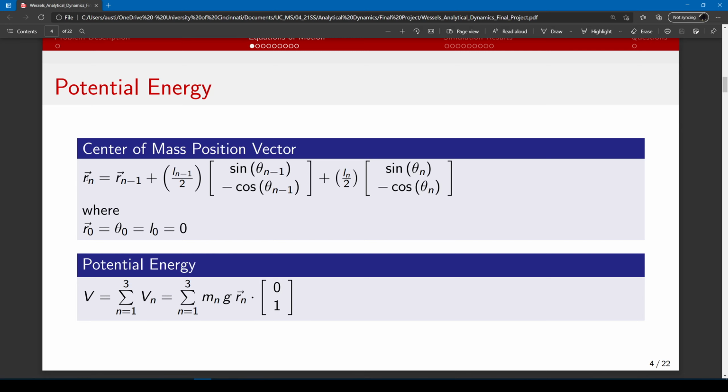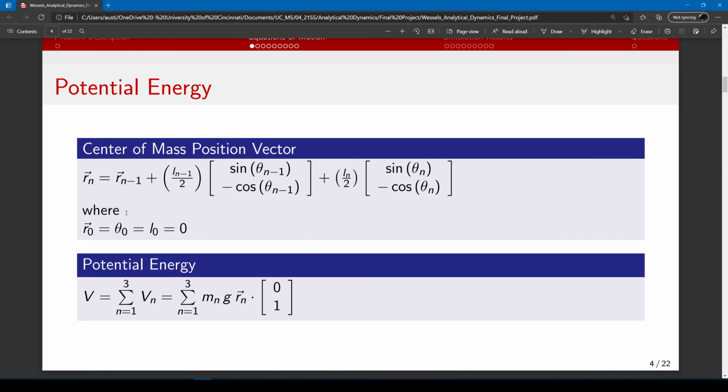So, the r vector here. This r sub n we can easily define for all the pendulums in a general way by taking the position of the previous pendulum and looking at half the length of the previous pendulum and its orientation, and then half the length of the nth pendulum and its orientation, and that way we can get the position of the center of mass of the nth pendulum.